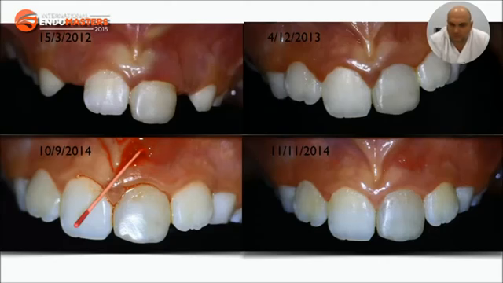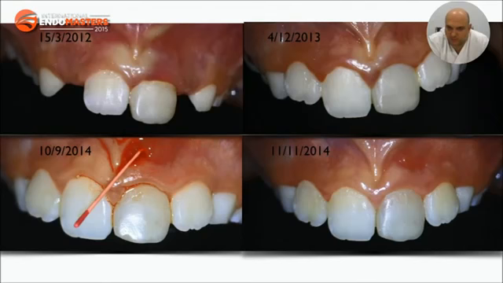Since I couldn't remove the MTA remnants from the dentinal walls, I thought I couldn't try revascularization techniques again. And after disinfection, this is the situation last November.